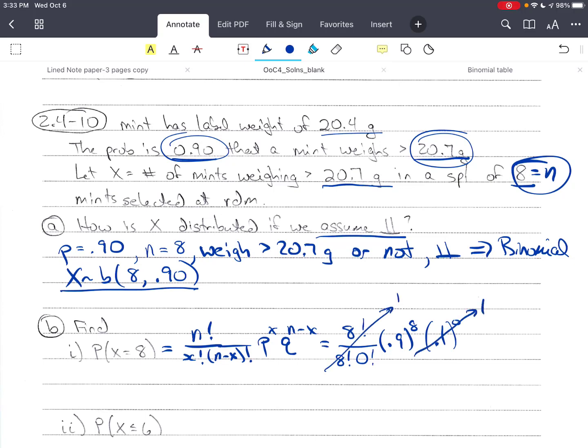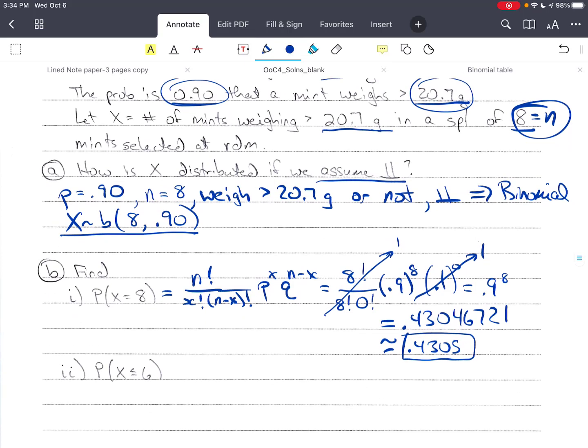So we have 0.9 to the 8th, which is equal to 0.430467121, which is about 0.4305. Remember that we should go to 4 decimal places in this class for probability at least, unless otherwise specified.